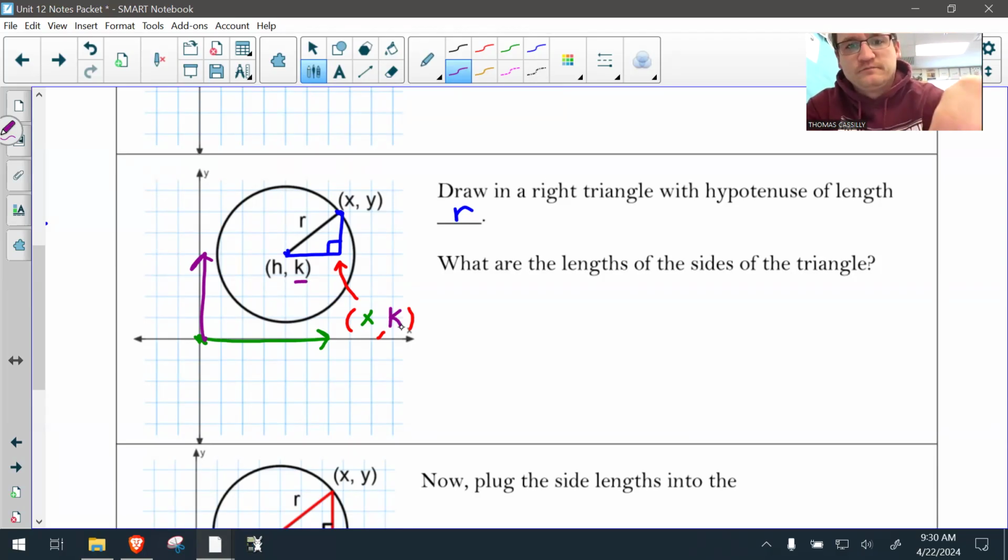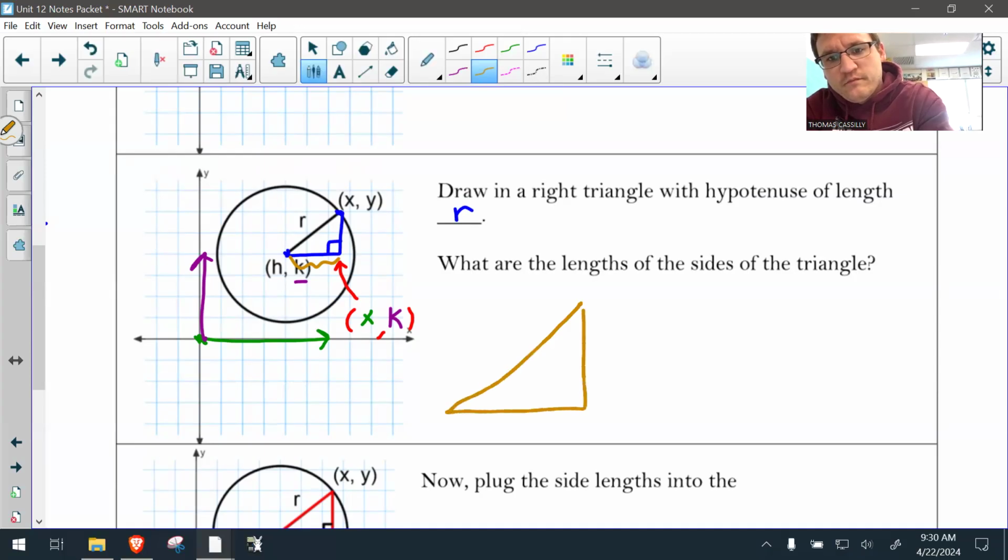If we want to figure out the length of the legs of this triangle, the distance from h to x, this one right here, I'm going to redraw this triangle. We have h and k, and we have x and y up here. This ordered pair right here is x minus h.